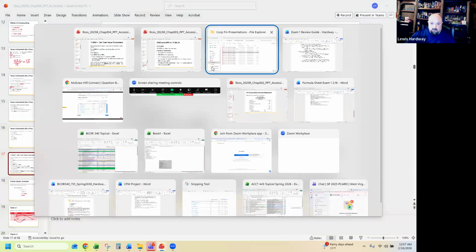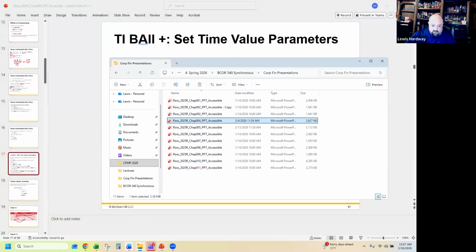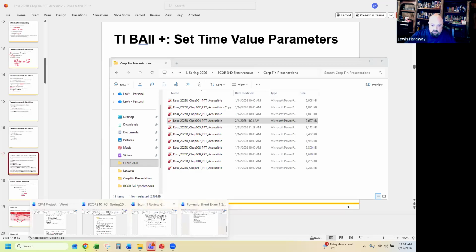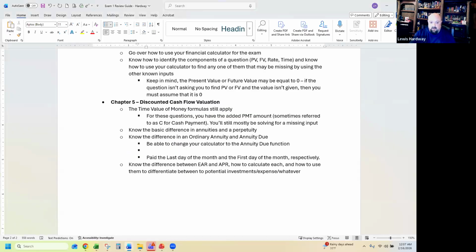Let's go back over to the Word file. You want to do second BGN, second set. Toggle.